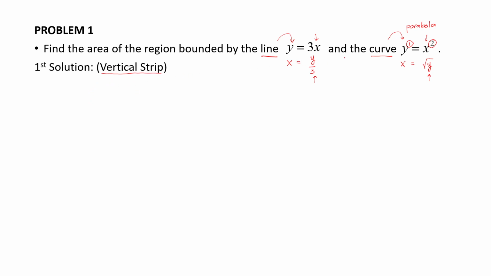The shortcut in this method is that, let's say you know it's a line and it's a parabola. Then this parabola is opening upwards, and this line is inclining to the right, since you have a positive slope. I think there's an advantage if you understand your equations: the slope, and the opening of the parabola.